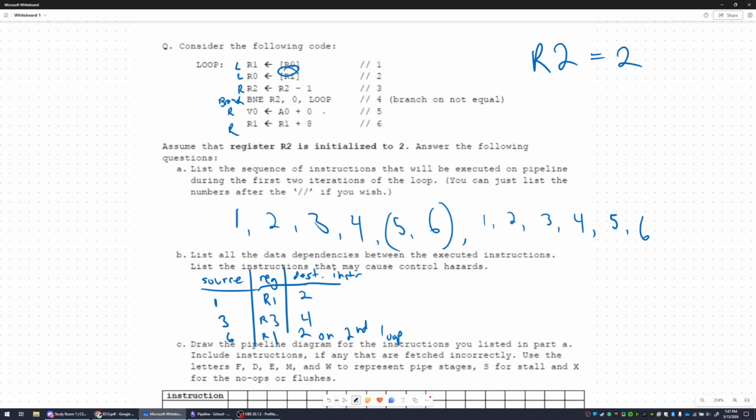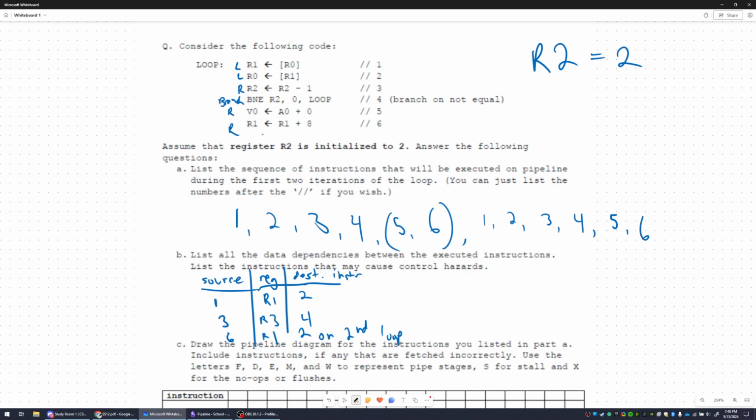Sorry, it's line 2, I think, right? Actually, no. Is that right? The source for this is here, but also over here.